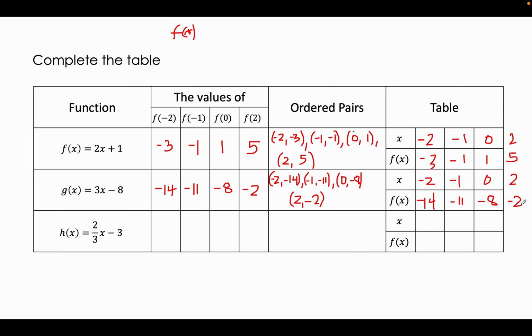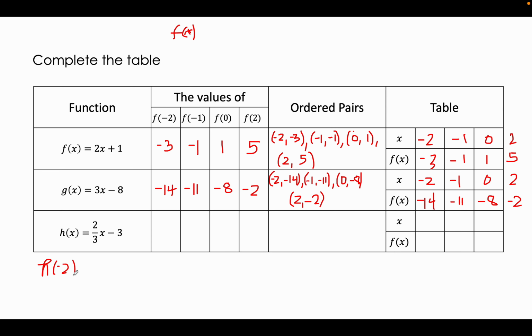So let's move on to our third example. H of x equals 2/3 x minus 3. In this example, it involves a fraction. I'll show the solution below. So we have h of x. Let's answer it together. For those who answered earlier, very good.